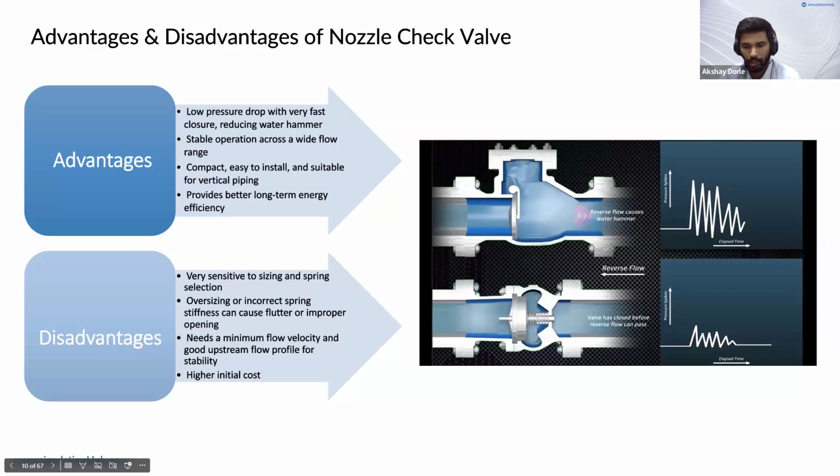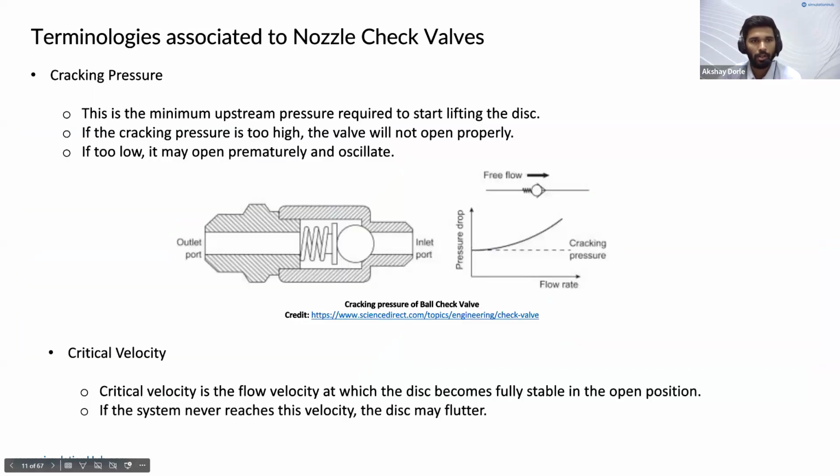So it becomes a matter of economics as well as design and sizing. We have to be careful while choosing check valves, and once chosen, they should be sized correctly. So we'll look at a few terminologies about check valves.